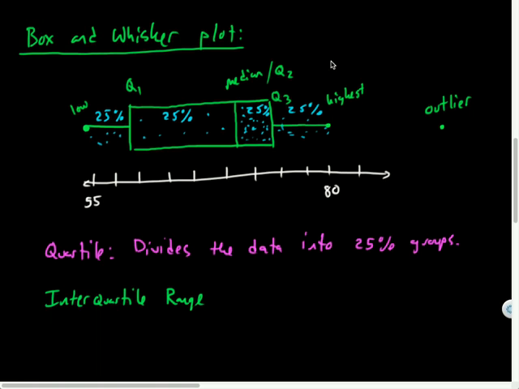All right, which is actually going to be the distance between quartile 3 and quartile 1. So Q3 minus Q1. So it's basically the range where 50% of our data lies, right? So it's that distance, instead of the regular range, which is just the top number minus the lowest number.